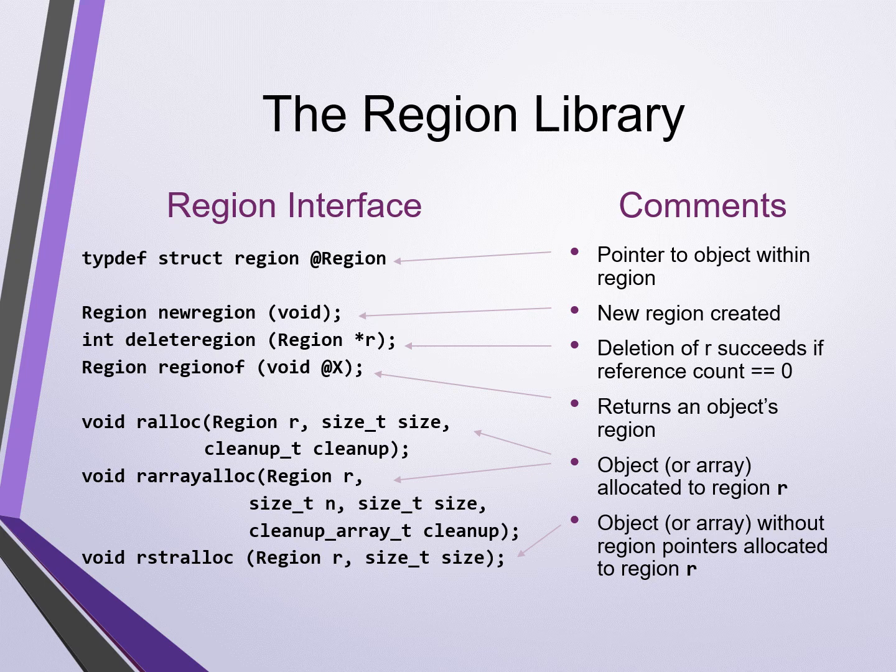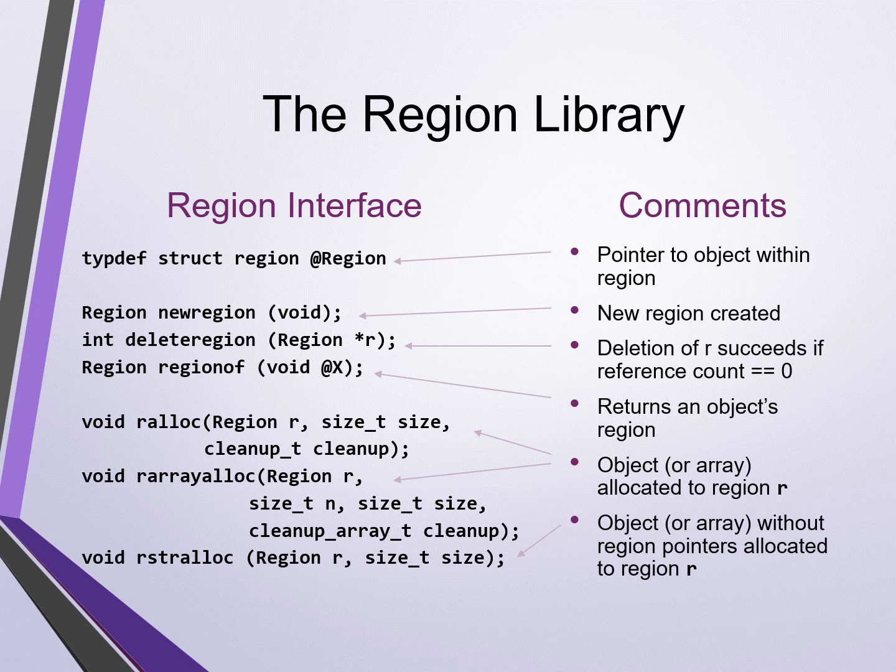The memory returned by r_alloc and r_array_alloc, but not r_string_alloc, is cleared. An object's region is returned by region of. And an attempt to delete a region is made by calling delete region X.